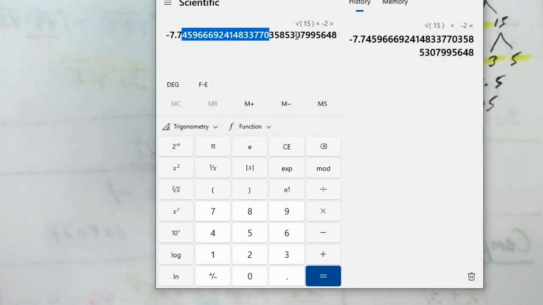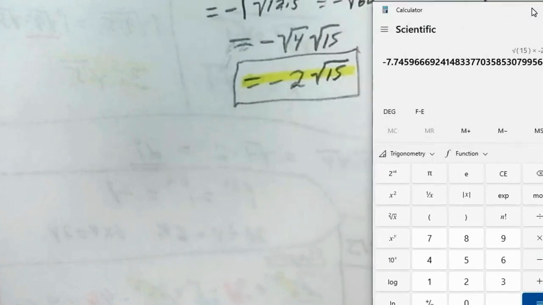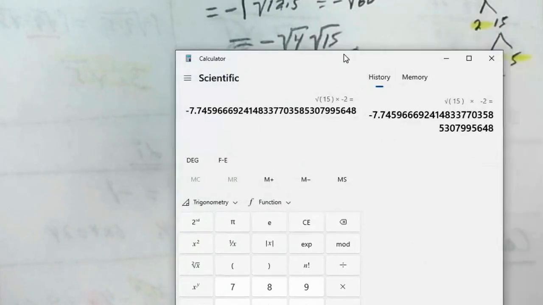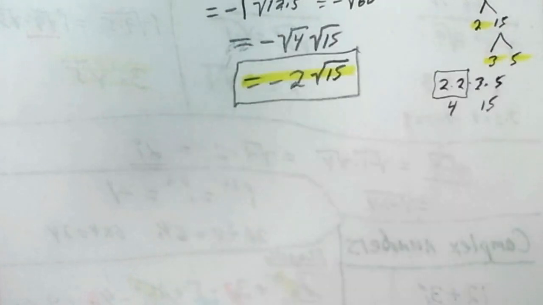It continues on and on and on. The calculator just stops at that number, but it keeps going. But that is a real number. So this has a real number solution, and the number is negative 7.7459 onward. It's not imaginary. That's not an imaginary solution because there's no i. There's no square root of negative 1. That went away when we multiplied those together.